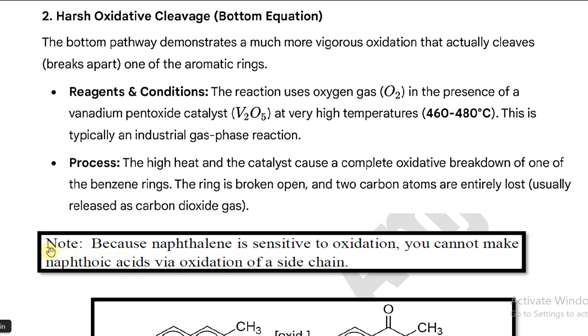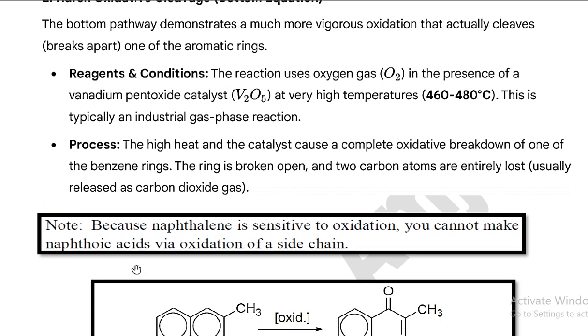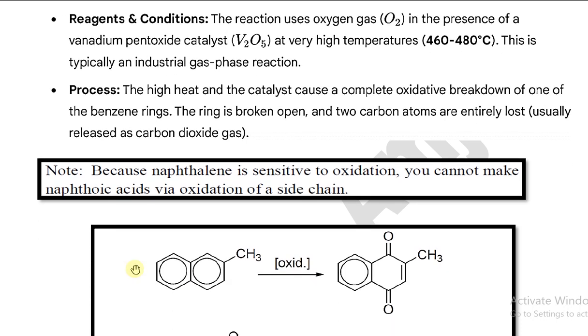What is the note here? Because naphthalene is sensitive to oxidation, you cannot make naphthoic acid via oxidation of a side chain.